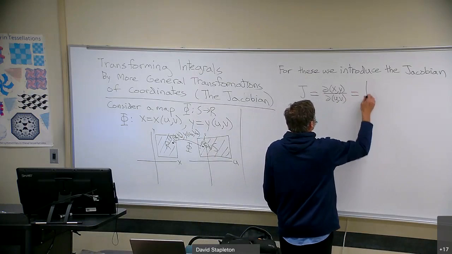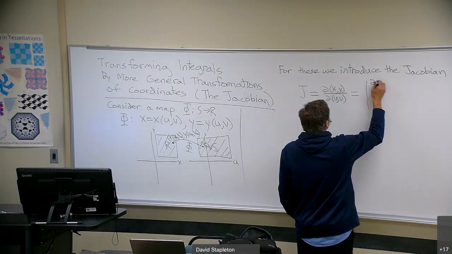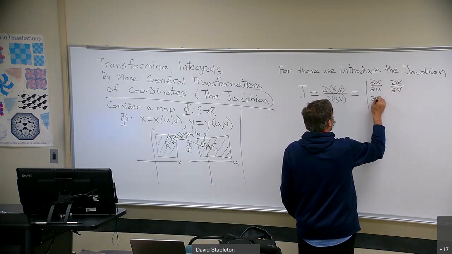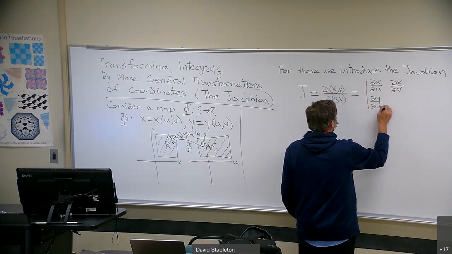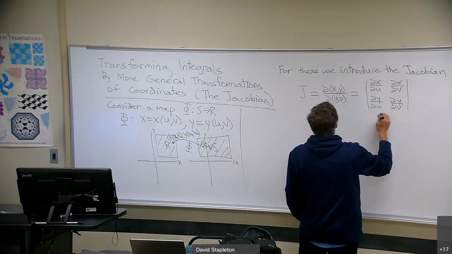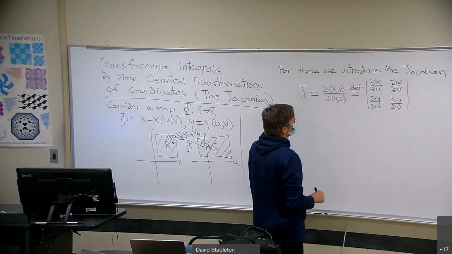This is defined to be the determinant dx du, dx dv, dy du, dy dv. So this is a definition, and these two are just two different notations for that.